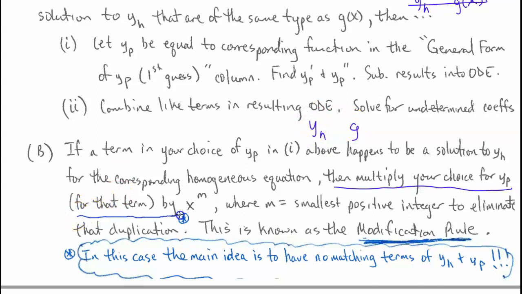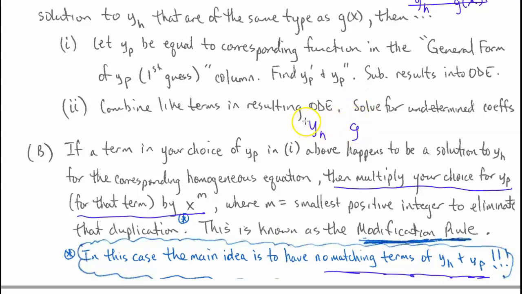We need to multiply that by x raised to the m, where m is the smallest positive integer, to eliminate that duplication, okay? At the end of the day, we need to have no matching terms between your y sub h and your y sub p, which means we don't need to have any matching terms between your y sub h and your g of x either, okay?